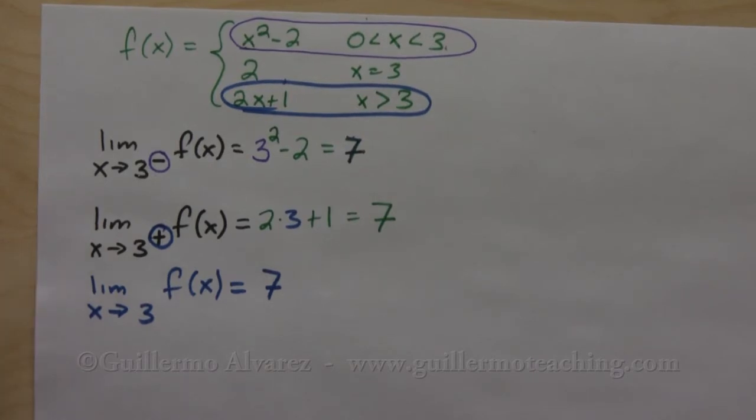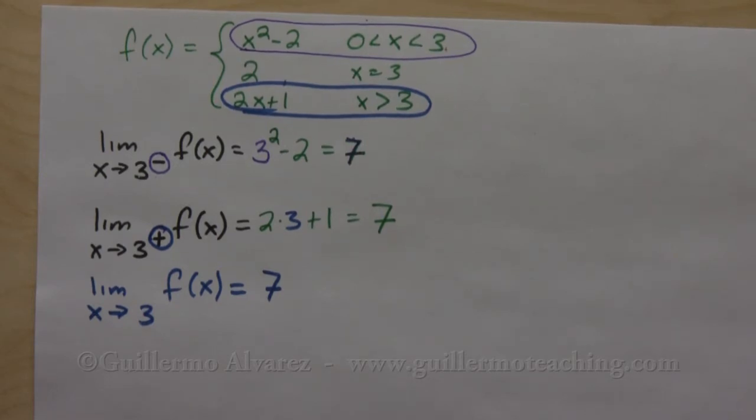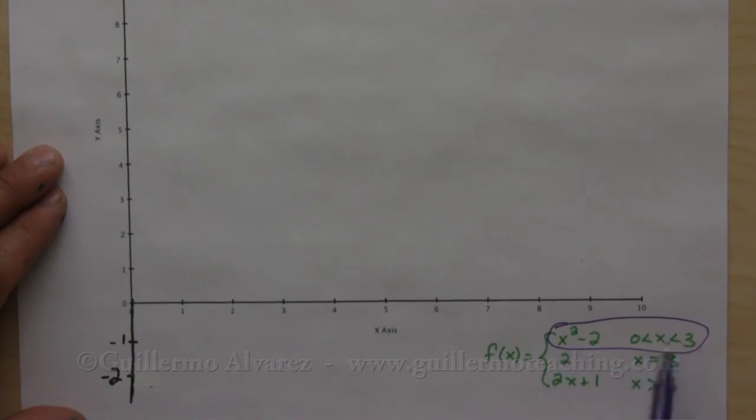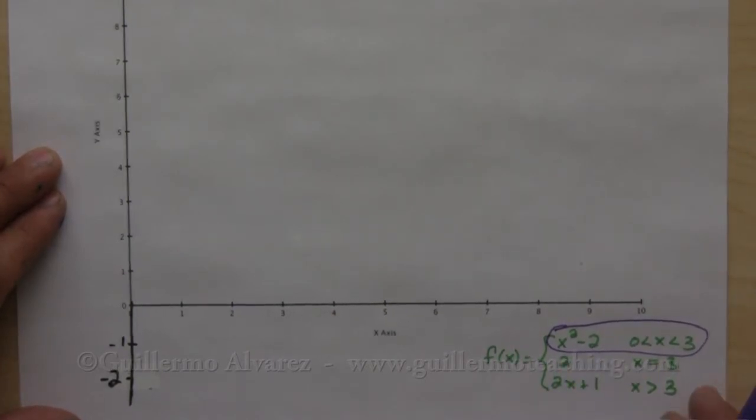Okay, now that's all fine and dandy. But let's take a look at the picture. Let's see what it looks like. Let's do the graph. From 0 to 3, not including 0 or 3, the function is x squared minus 2.